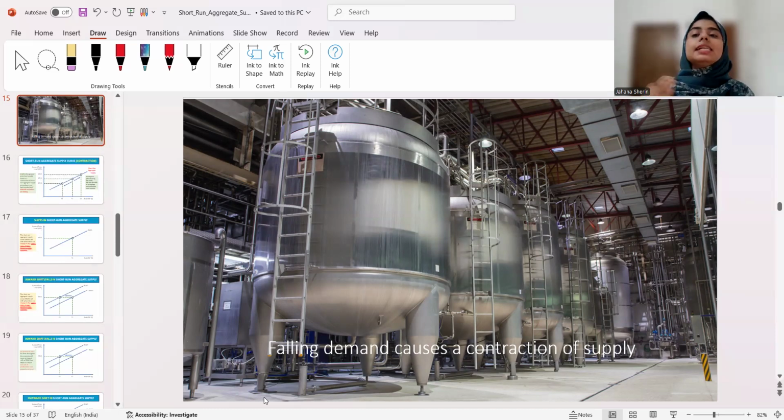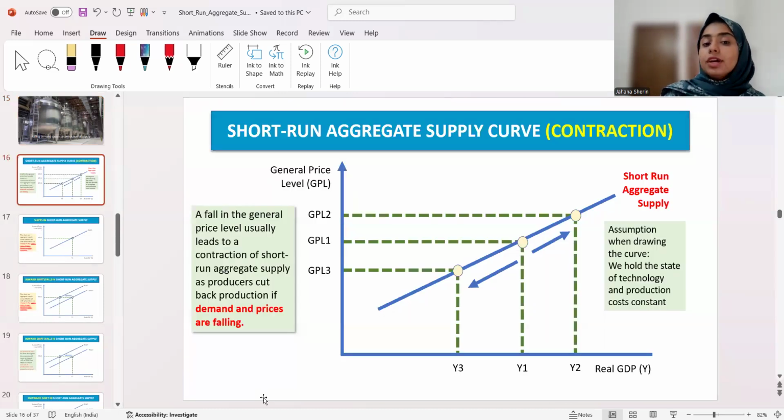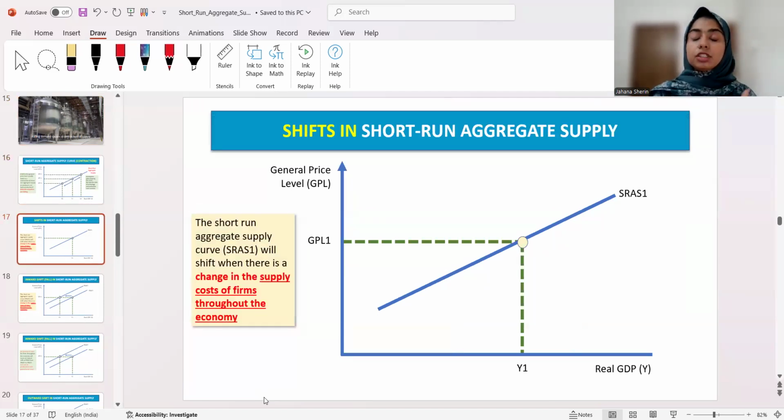If any change happens in these factors, this can shift the entire short-run aggregate supply curve. We already discussed movement, so now we want to talk about the shift.